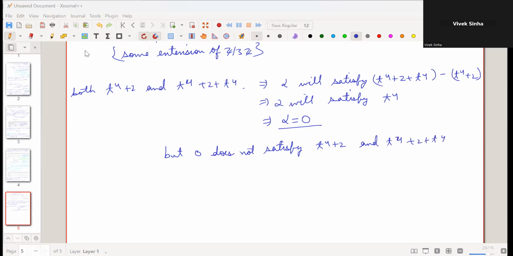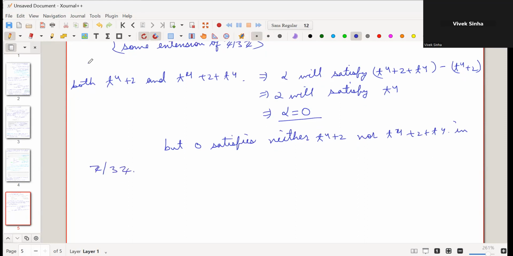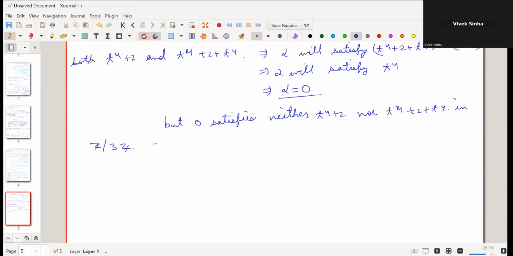Okay, I will re-explain it. Let me first write it clearly: 0 satisfies neither T^4 + 2 nor T^4 + 2 + T^4 in Z mod 3Z. And this is a contradiction.